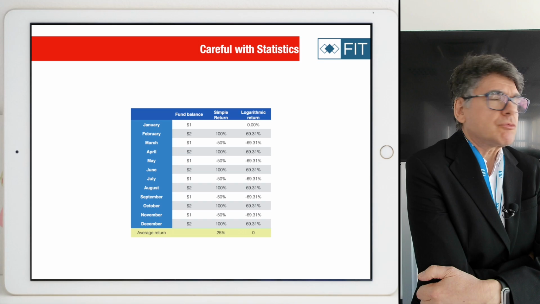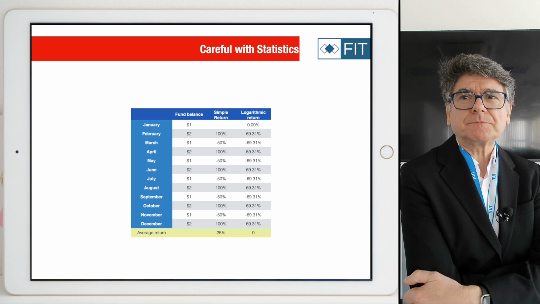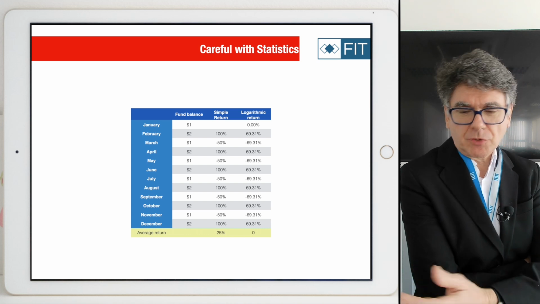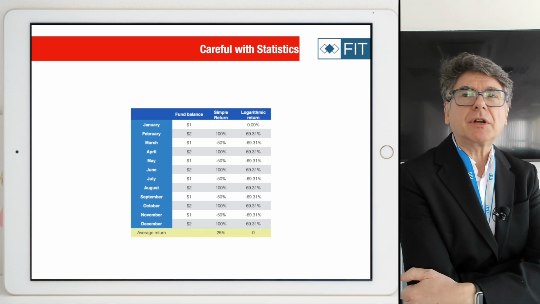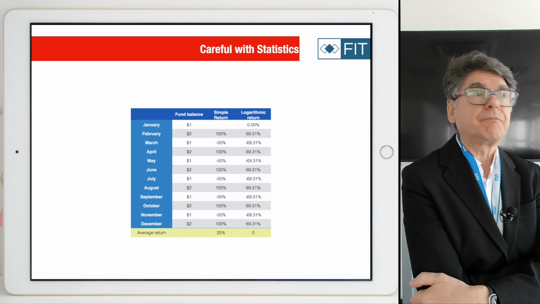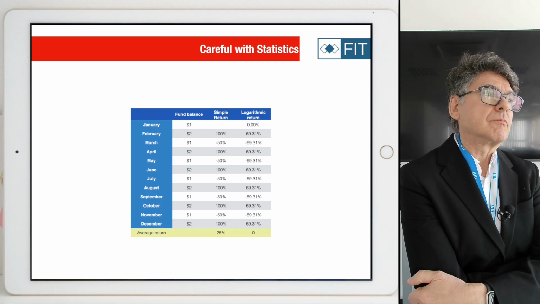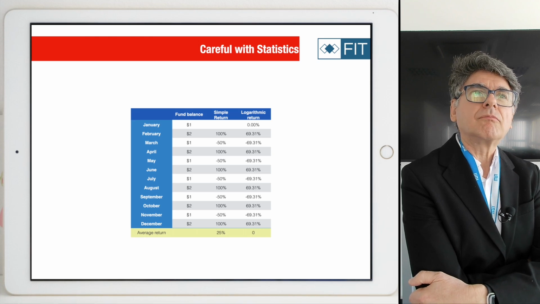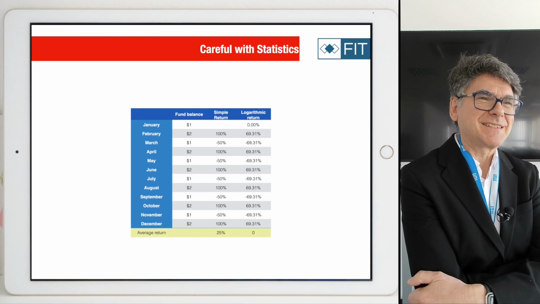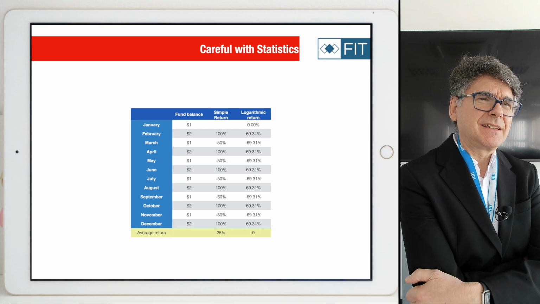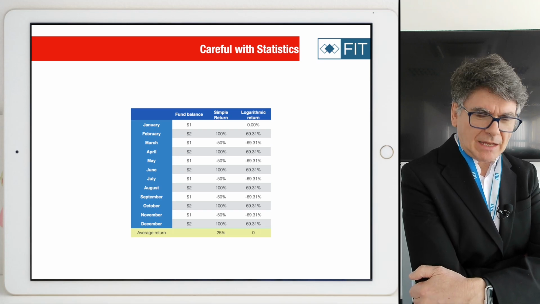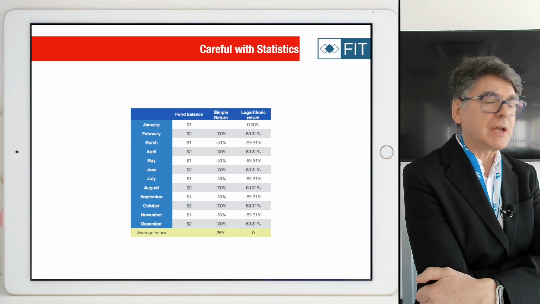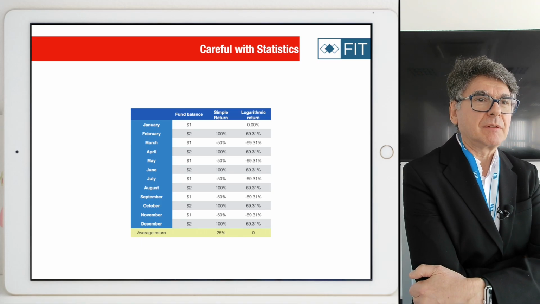But what's wrong here? Is something wrong? And you're a mathematician, you can see what's written here. Of course, if you look at the logarithmic return, you see that the average is 0. The denominator changes all the time for simple returns. Yeah, so you're explaining to me why, when I do the calculation, I get 25%, right?